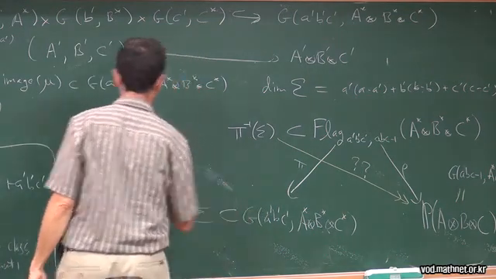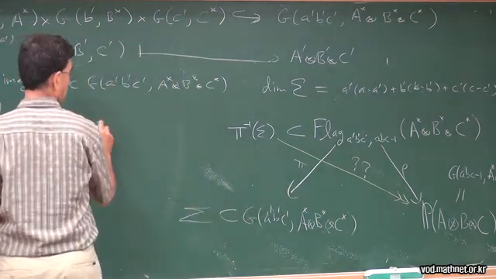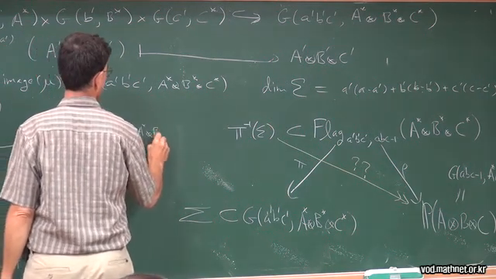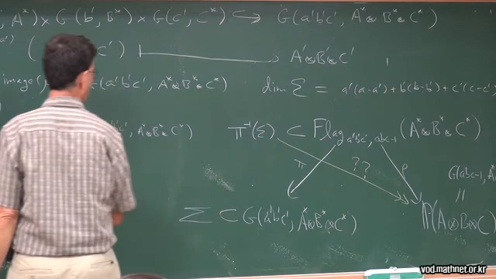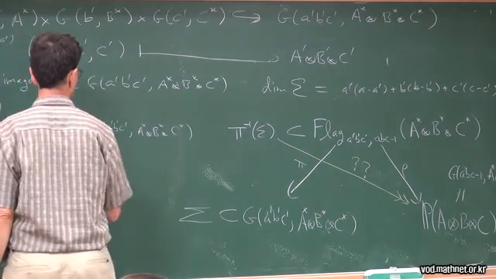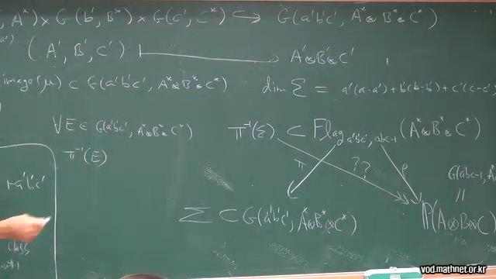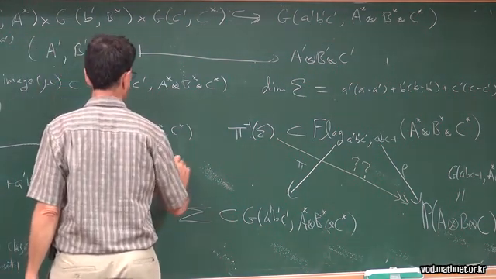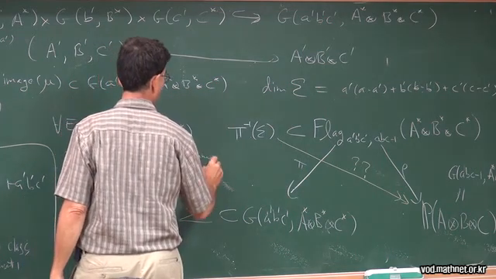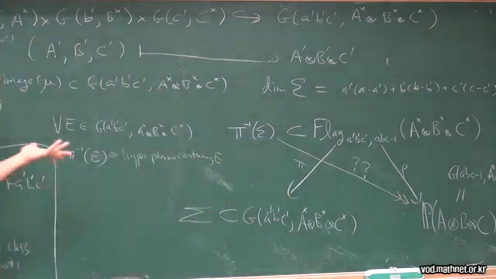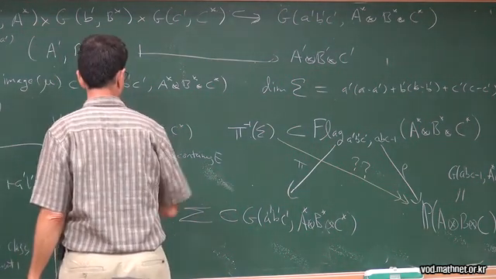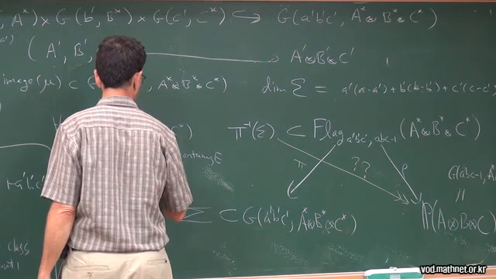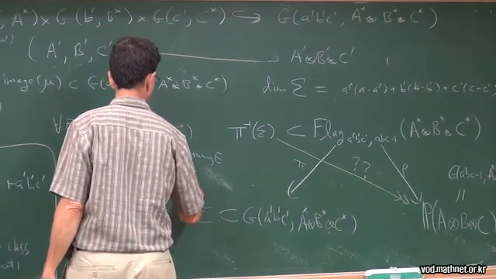So for any E in this Grassmannian, what is pi inverse of E? Well, this is the hyperplanes containing E, and this is a projective space, isomorphic to P of (A ⊗ B ⊗ C mod E perp).